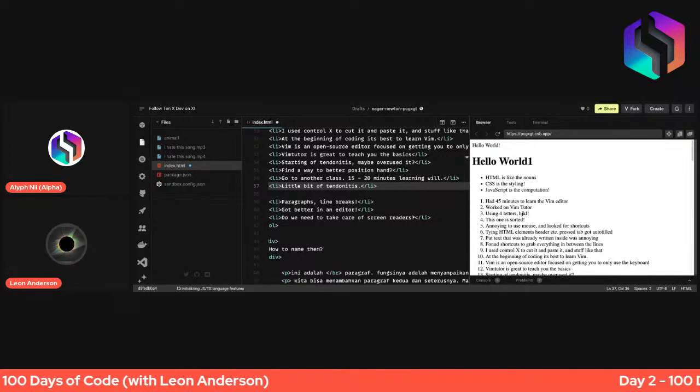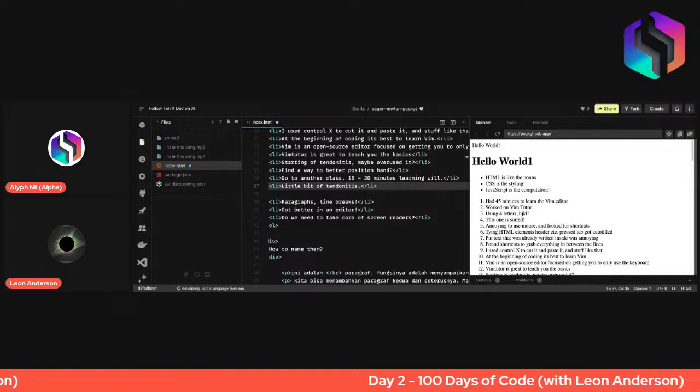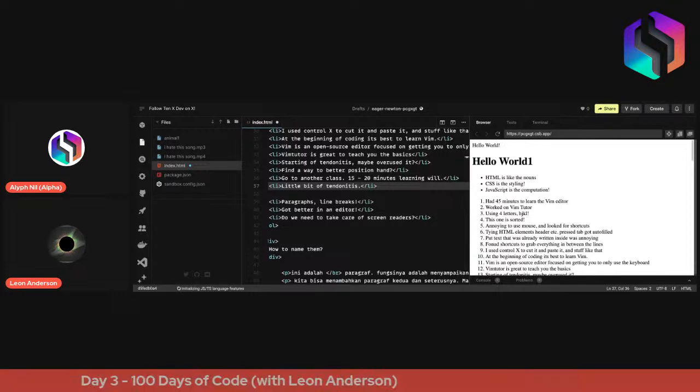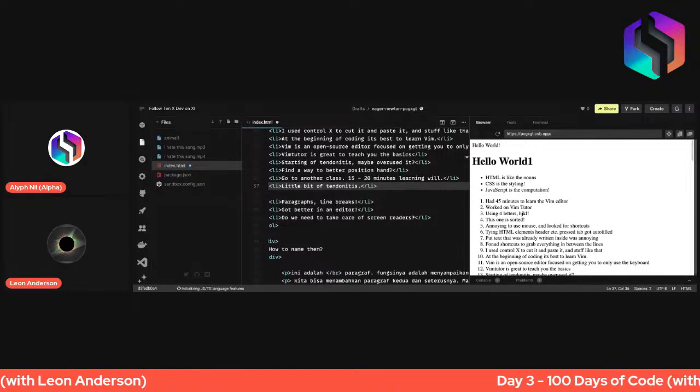The Vim tutor is, for me personally, a bit unclear sometimes about what they mean in the instructions. So that takes some time.